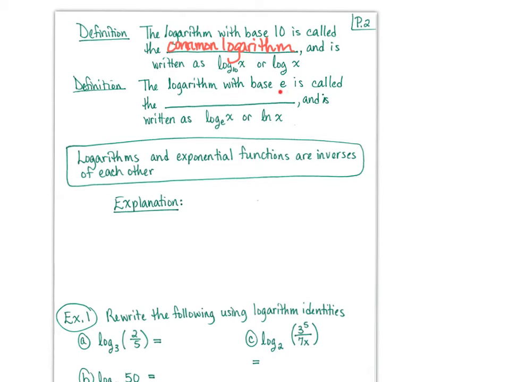The logarithm with base e is called the natural logarithm, and it is written as log of x base e or ln x.